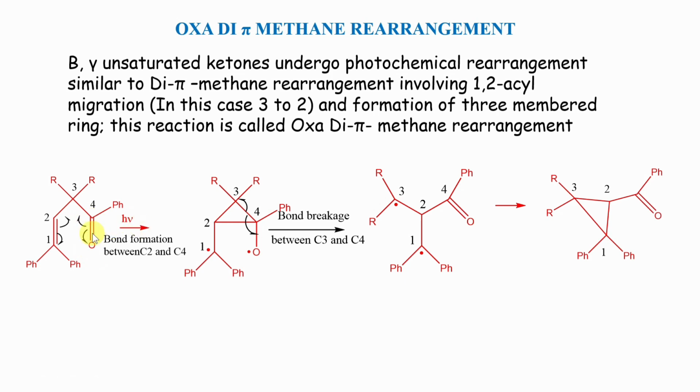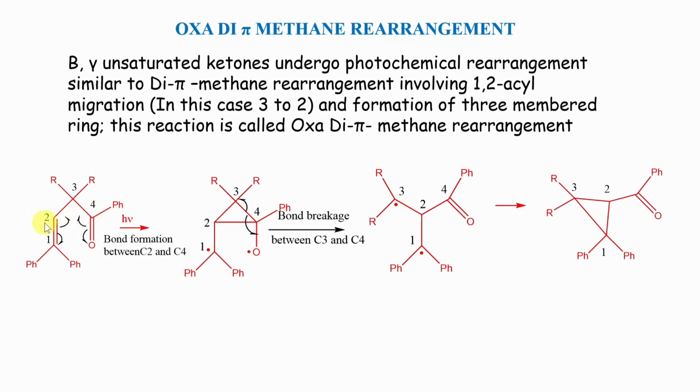See how this biradical is forming. On photolysis, homolytic cleavage takes place in this carbonyl group. One electron goes to oxygen while the other goes to carbon. And in this carbon-carbon double bond, by homolysis, one electron goes to the first carbon atom while the second electron goes to the second carbon atom, whereby a new bond is formed between the second carbon atom and the fourth carbon atom.